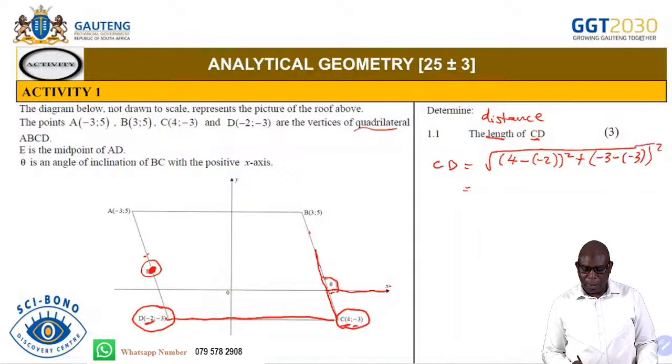So what do I get here? From here, I can put everything in my calculator, and my calculator will do all the work. If I'm not going to do it with a calculator, then I've got 4 plus 2, which is going to be 6 squared. It's 36 plus minus 3 plus 3 is 0. 0 squared is 0. So I'll have the square root of 36, and the square root of 36 is 6.